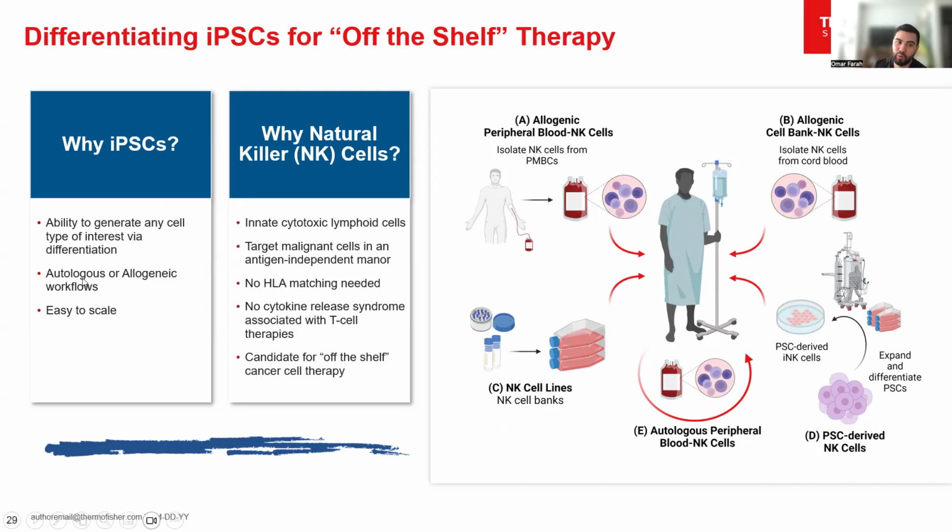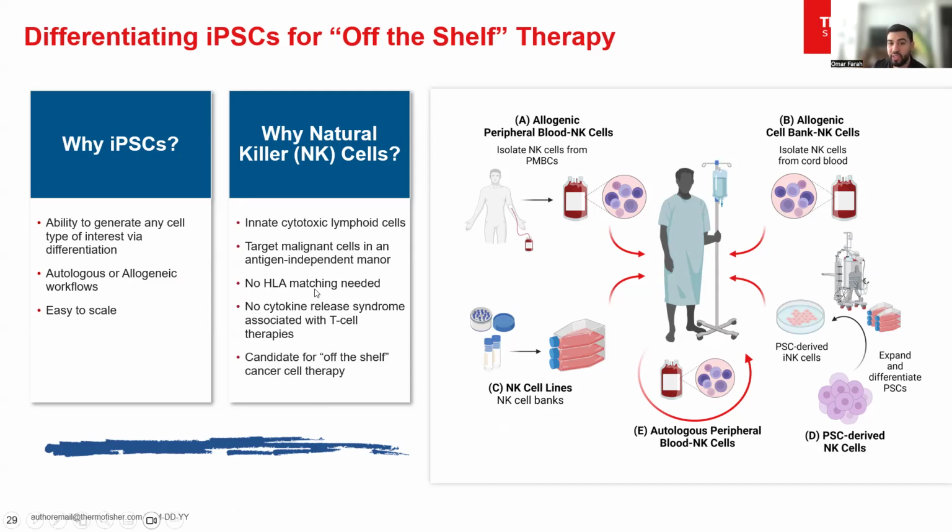We can use them in both autologous or allogenic workflows, and we have ways in which we can scale them, right? So we can generate large numbers of these cells when we need them. And NK cells specifically are an innately cytotoxic cell. So depending on the certain cues that they receive, they can kill these pathogens or potentially cancerous cells.